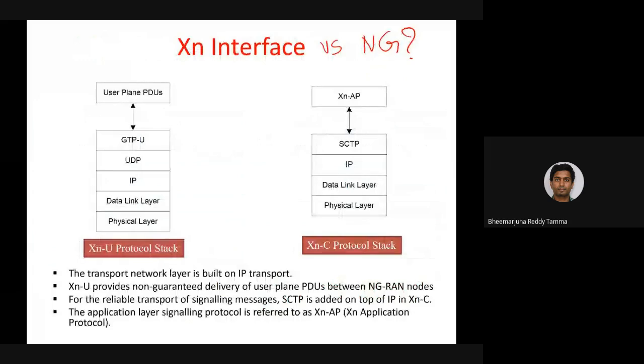Let's look at this. So it's looking the same kind of. Okay, what about others? Anyone else wants to comment? How are the Xn interface and NG interface related, or what are the similarities and differences?